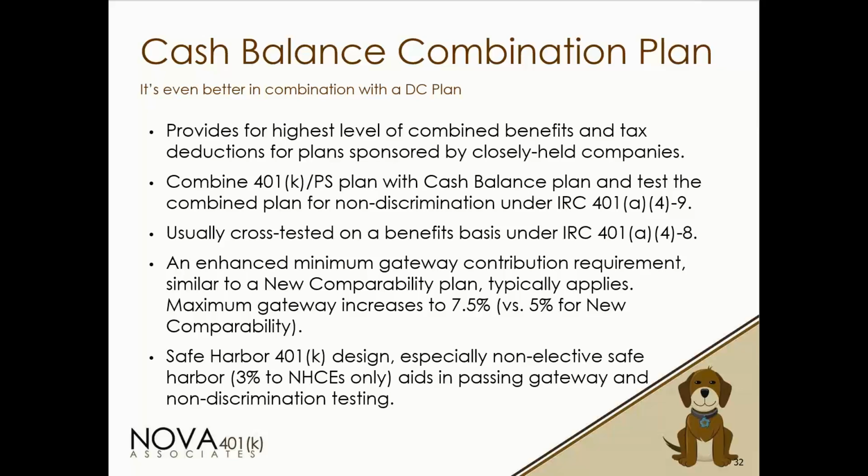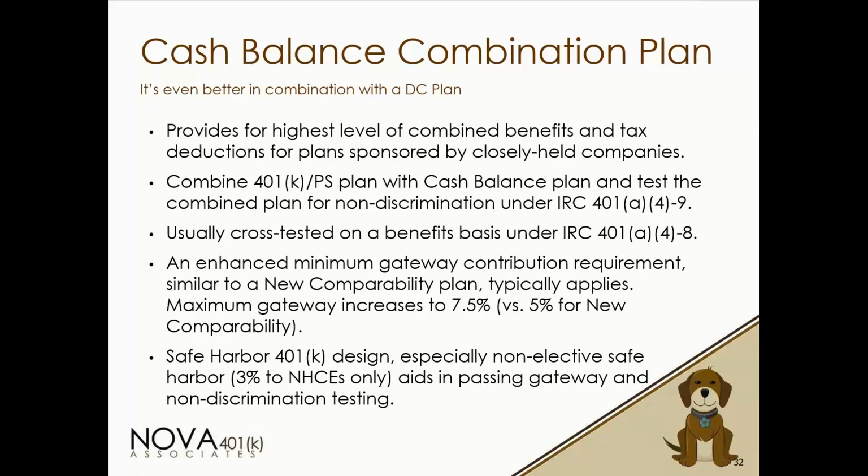We can get that 94% even higher if we partner this cash balance plan with a DC plan, with a new comparability plan. Some of the things that happen when you partner are that there are some additional requirements because we can't discriminate in favor of the HCEs. So there are some additional minimums.